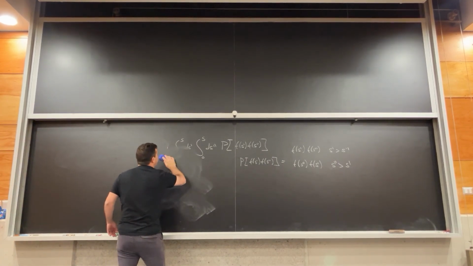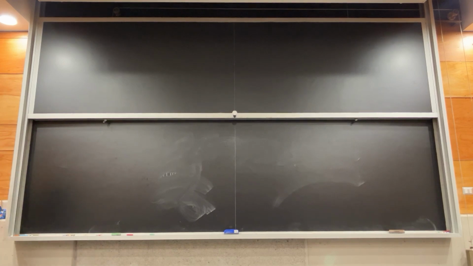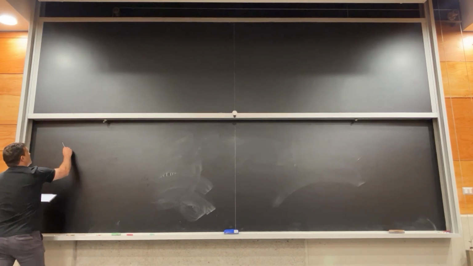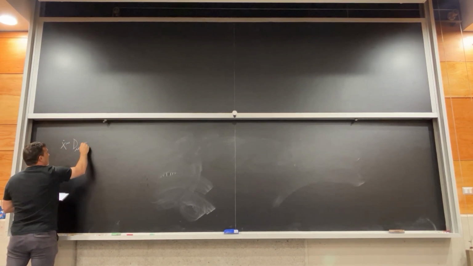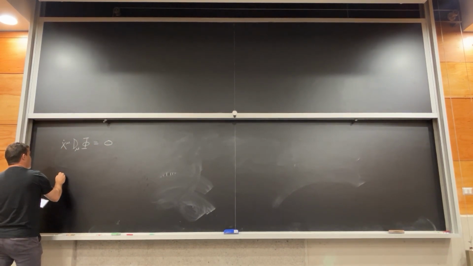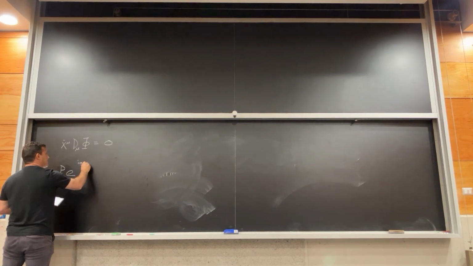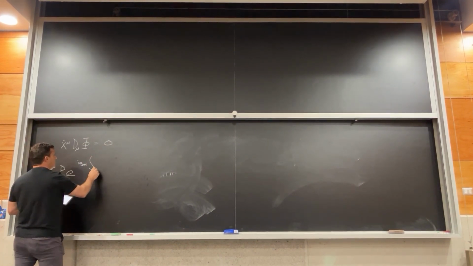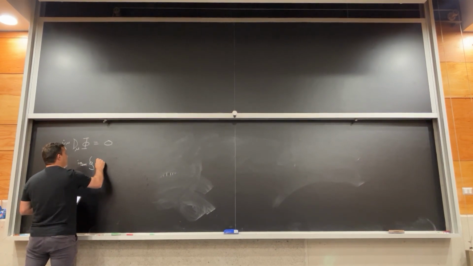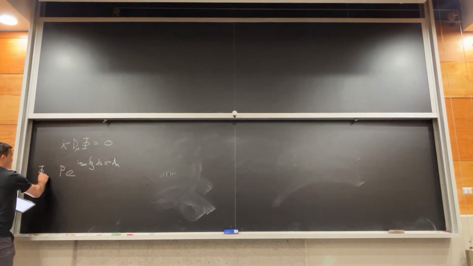Okay, so what we found then was that the solution to this equation, x dot mu D mu phi equals 0, could be written as the path-ordered exponential of i g Yang-Mills times the integral over ds of x dot mu A mu, times, so this would be phi of s.